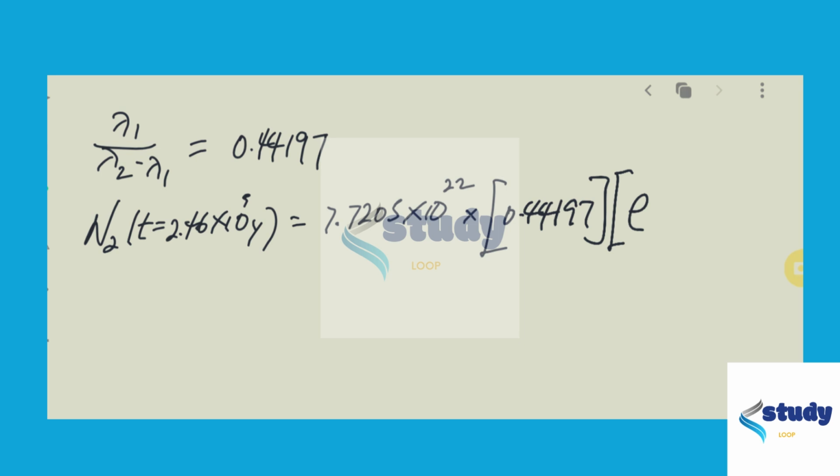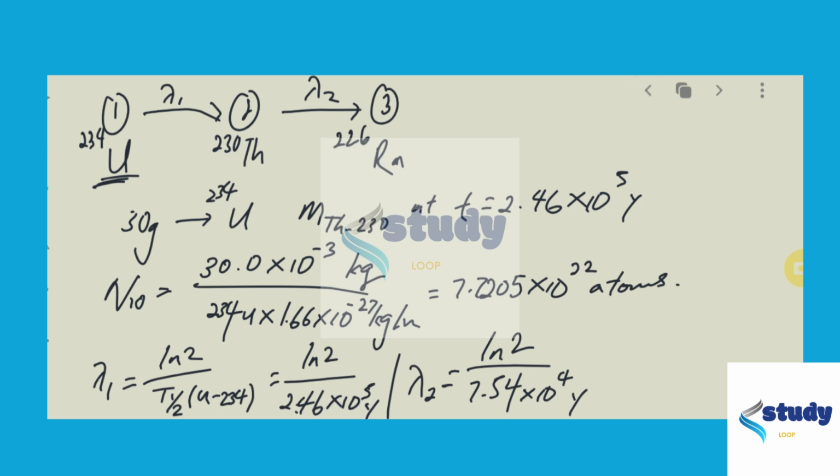times exponential negative lambda 1 times t, which we know, right, lambda 1 is this, and the t is just 2.46 times 10 to the power 5.